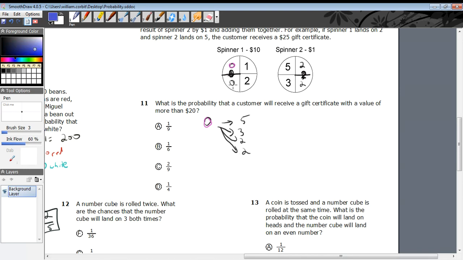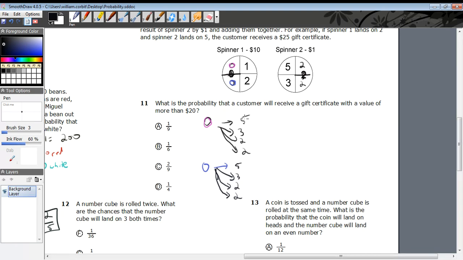I could also get, if I start with this 0 here, I have the same number of options. I can get a 5, 3, 2, or another 2. Now let's figure out the prices for all these.